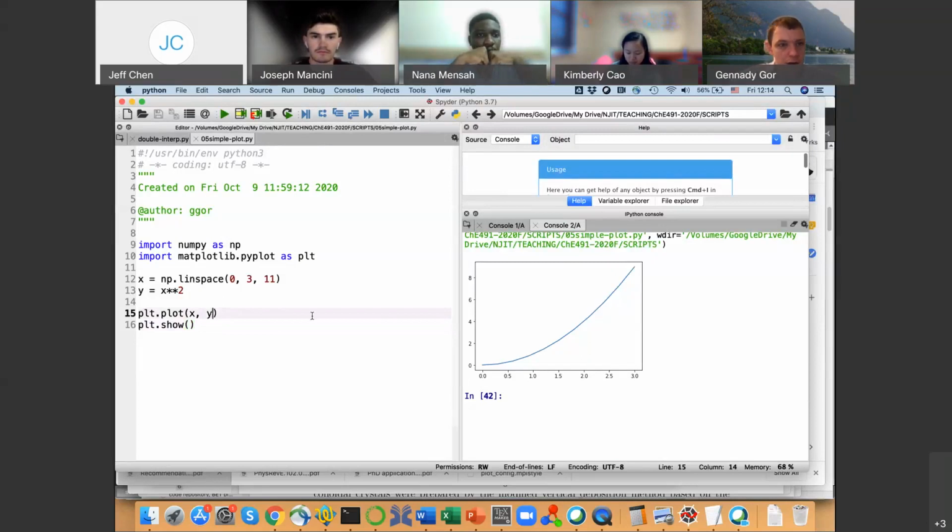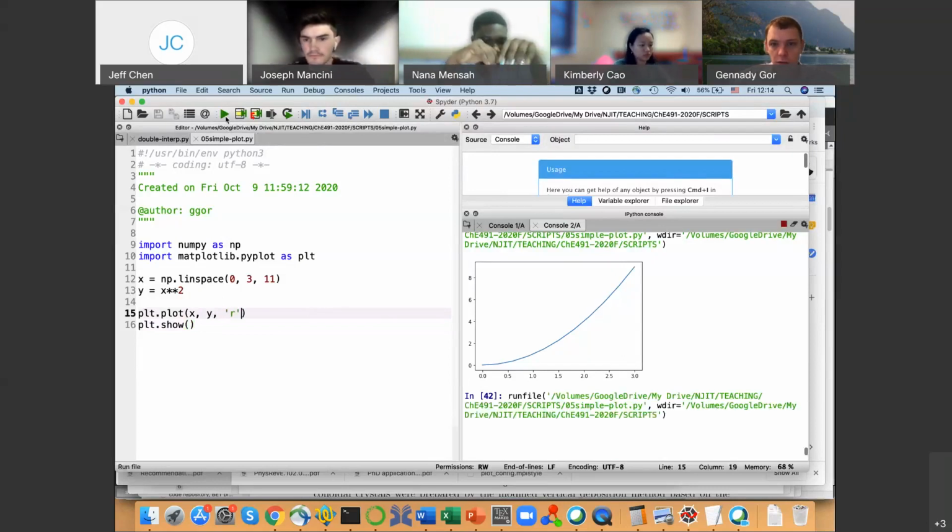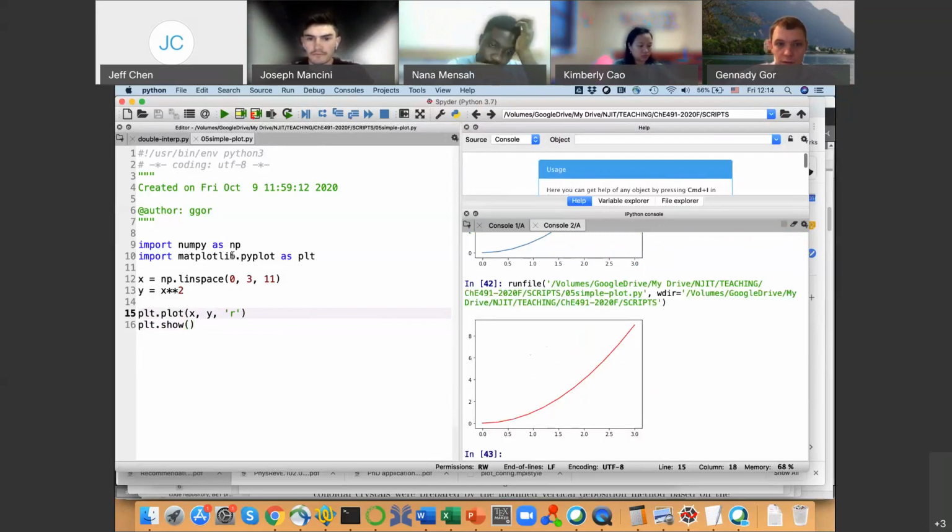So here you can say r, which will make the color red, or you can say k, which will make the color black. You can say k double dash, and it will make a dashed line, right? And so many other things. The options, in fact, can be written in a more transparent format.